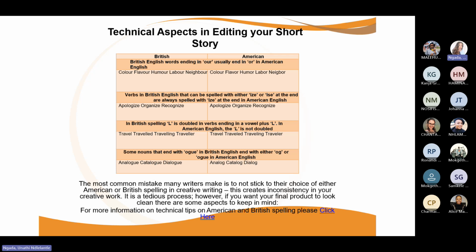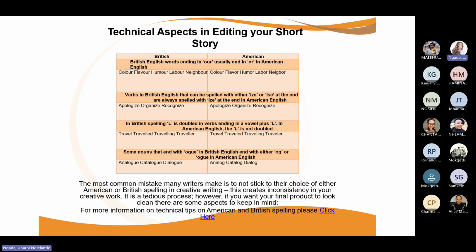That is spelling, how sentences are written, and also the vocabulary. So please remember to stick to the British language conventions, in other words, the South African British language conventions and not the American conventions, because as an institution, we use the British language conventions. If you want more information and examples of British versus American language conventions, just click on the hyperlink that I have provided for you.